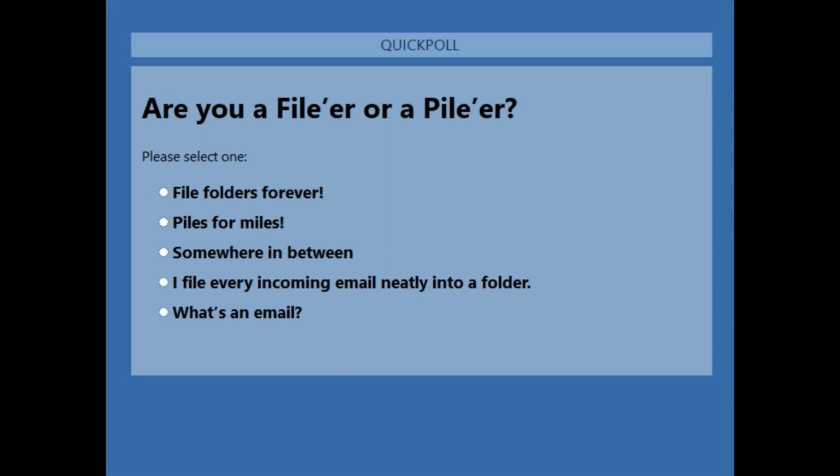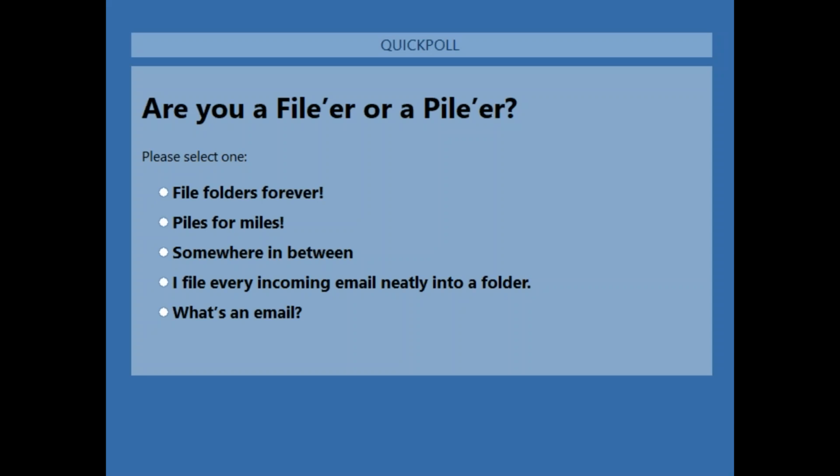Got a handful of folks that are file folders forever. A couple of people who maybe file every incoming email neatly into a folder. All right, Piles for Miles is getting some love. Give it a second or two. All right, looks like just about everybody's answered.